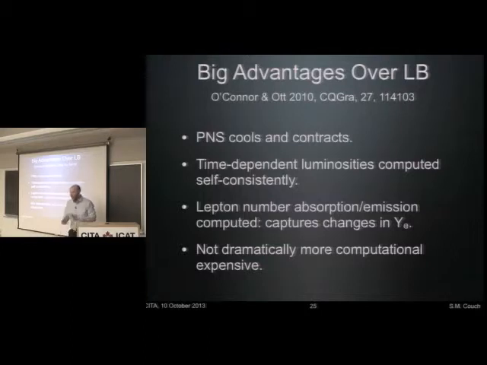The luminosities are time dependent and calculated self-consistently via the leakage from the simulation, whereas in light bulb, the luminosity is fixed. And you get lepton number absorption and emission, which means you can capture the changes in the electron fraction in a more realistic fashion than this density-based prescription. And importantly, it's not dramatically more computationally expensive than just this local heating and cooling source term, especially in 3D, where the hydro is very expensive.